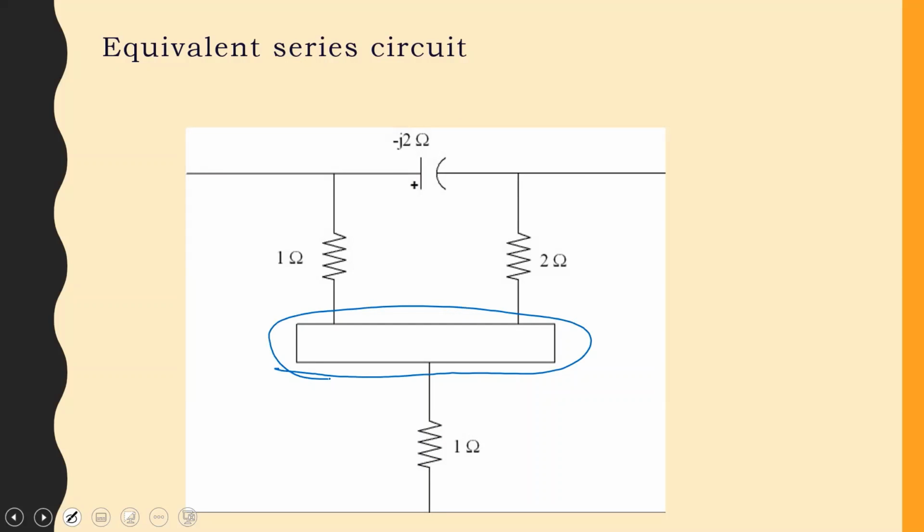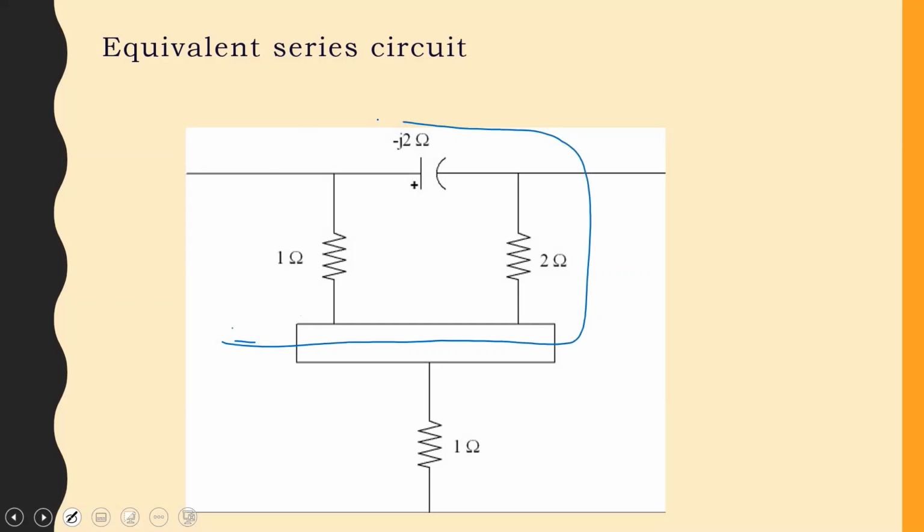And I have just made the 1 and the 2 ohm stand up instead of being horizontal. And by doing so, what we have are 2 networks. That's network A. And this is network B.